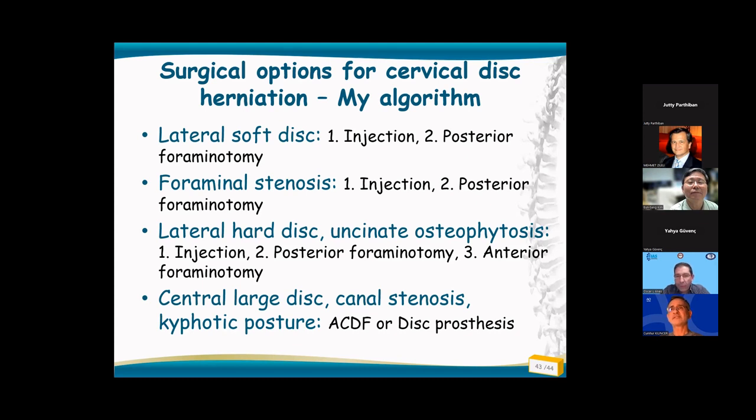For lateral disc herniation and uncinate osteophyte, I will again try injection, then posterior foraminotomy. Although the lesion is anterior, posterior foraminotomy is sufficient in 99% of the cases, and in some very selected cases, anterior foraminotomy could be tried.